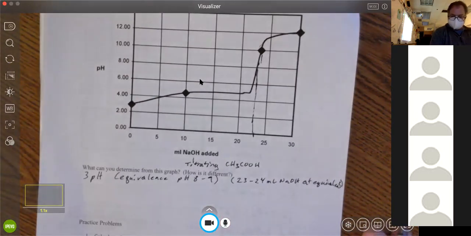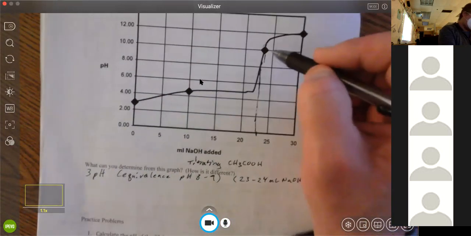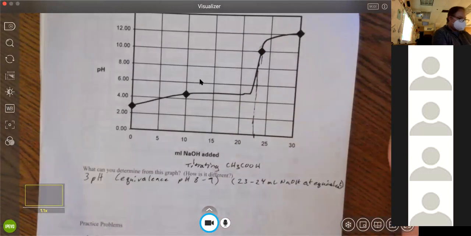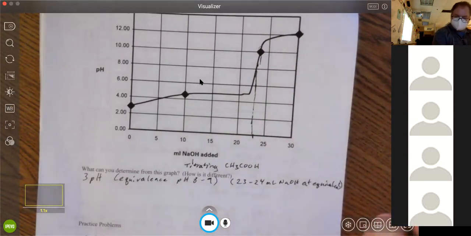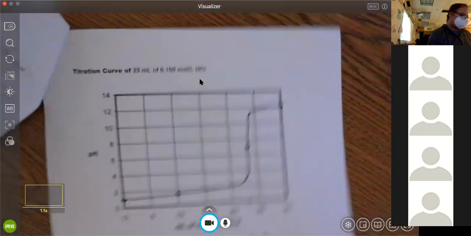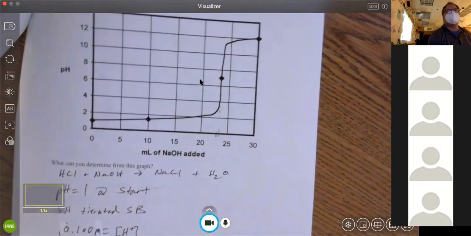What else? Louder? Created a basic solution at equivalence. Yep. And if we kept going, right, to see that plateau off. Let's take a look over here. These are both monoprotic, right?